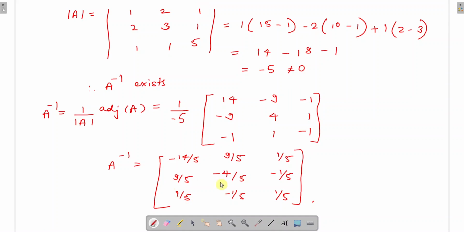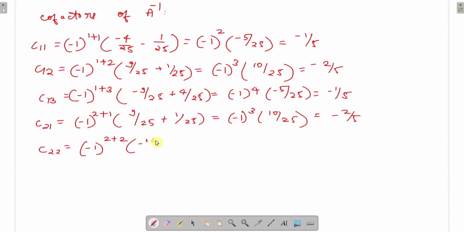Second row, second column, we have to add minus 14 by 25 minus 1 by 25. So that is minus 1 raised to 4 times minus 15 by 25. That is minus 3 by 5.